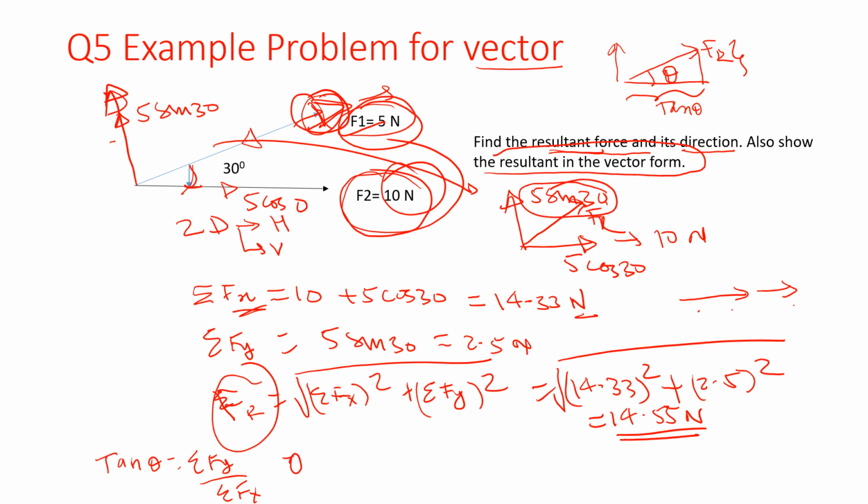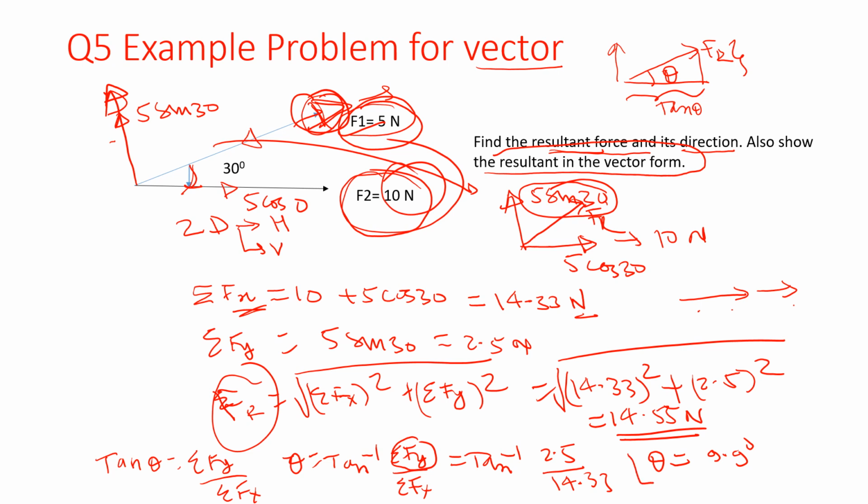We are interested in theta, so theta is tan inverse of summation of Fy by summation of Fx. We already know summation of Fy is 2.5, divided by 14.33. Now you can use the calculator to find the tan inverse of this, which gives you theta to be 9.9 degrees. So this is the direction.